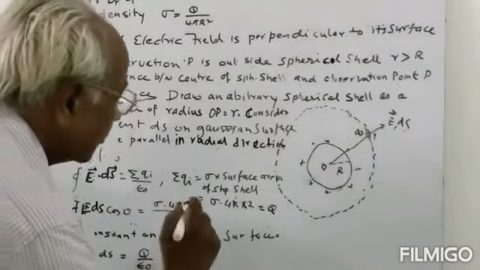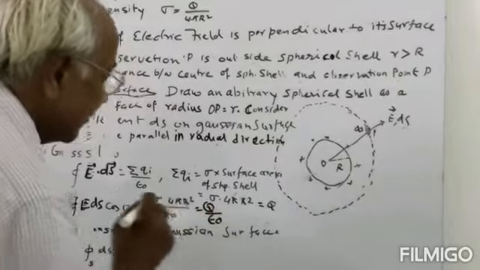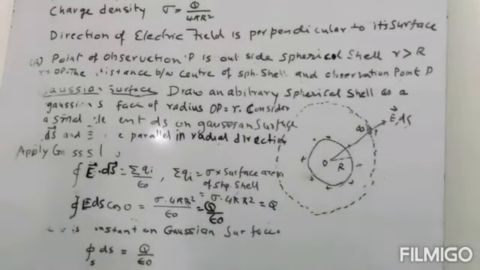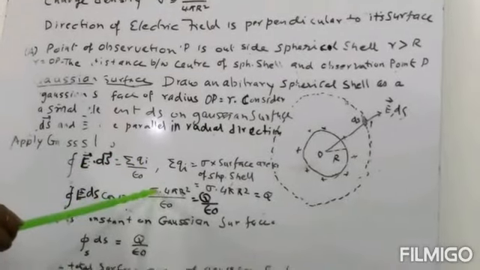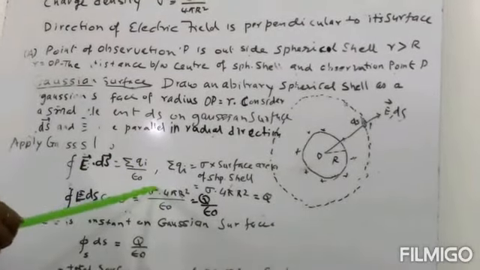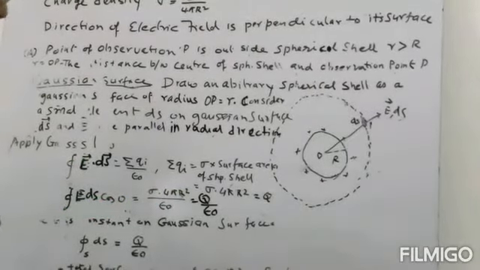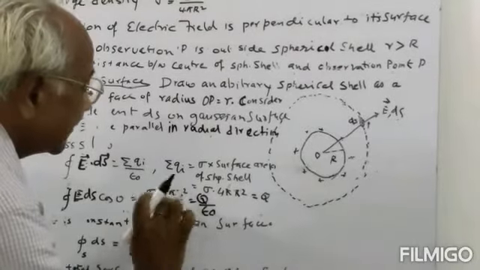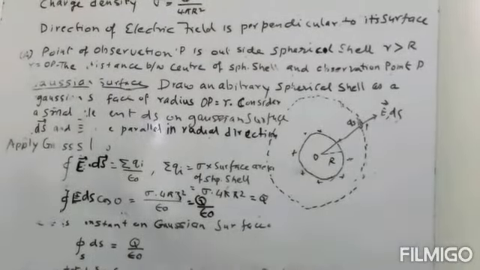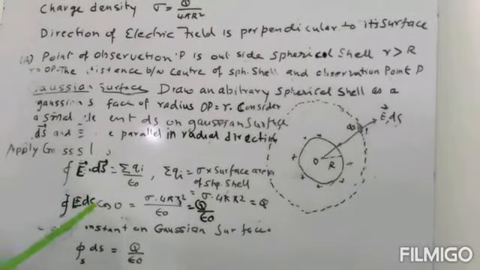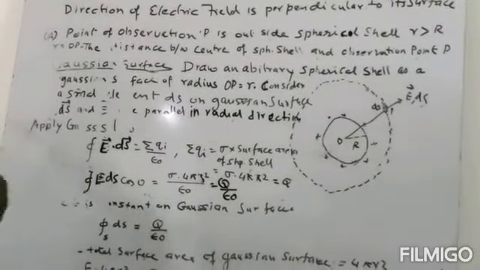The total charge can also be written as sigma times 4 pi R square, where sigma is the charge density and 4 pi r square, with small r, is the surface area of the Gaussian surface. Cos 0 is equal to 1.